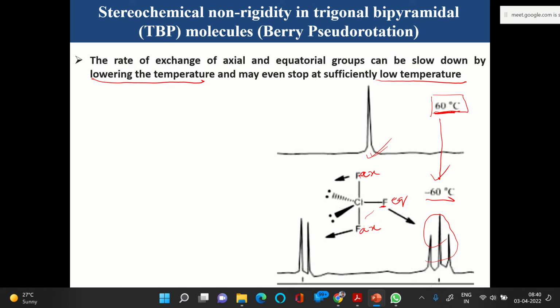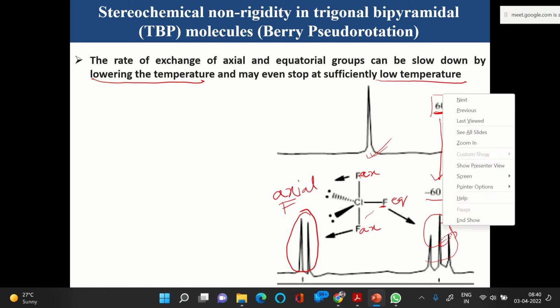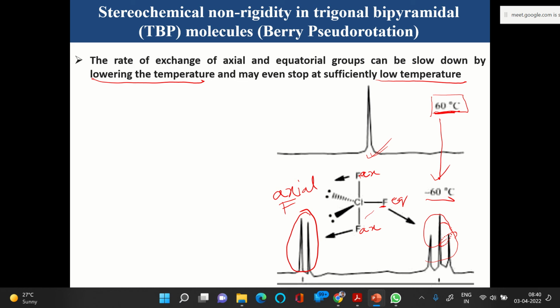So there are two things. These are the axial ones, for the axial F, and the triplet that you obtain is for the equatorial.